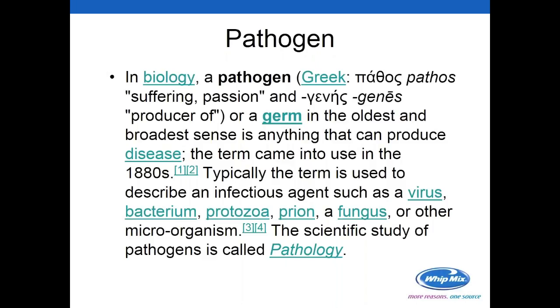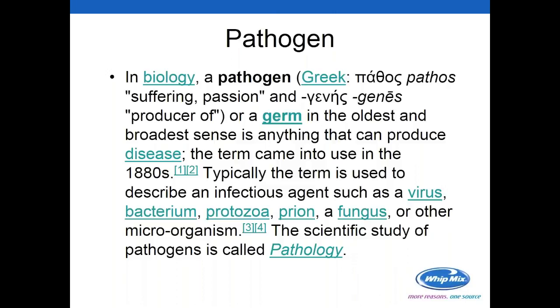Now, a pathogen, we talked about that. A pathogen, it has some Greek definitions up here, but it's a germ. I mean, that's what it is. It's a bug, we would want to call it. In the oldest and broadest sense, it's anything that can produce a disease. So here we are. It can be one of several things, though.